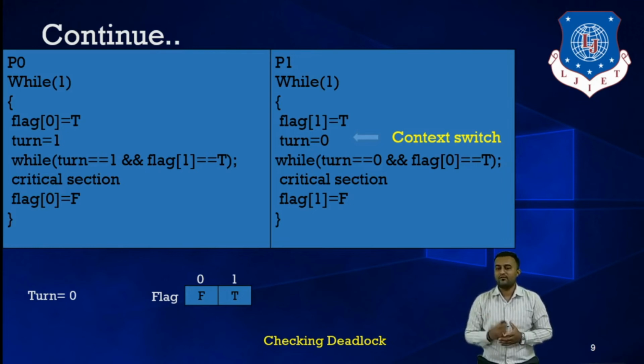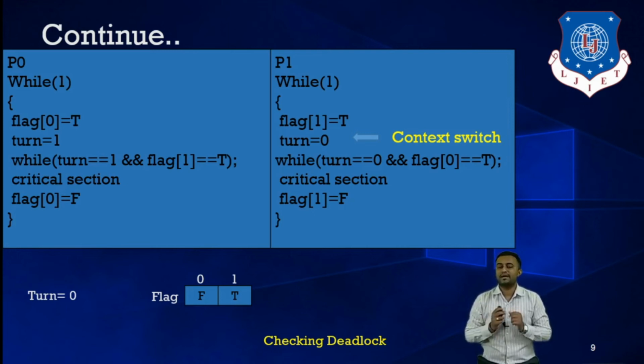So flag of 1 is set to true, and the turn variable is set to 0. At this particular moment, without checking the condition, I am doing the context switching. Once we set the value of flag of 1 and the turn variable, now I am doing context switching.